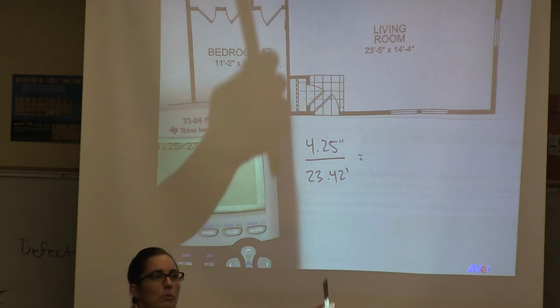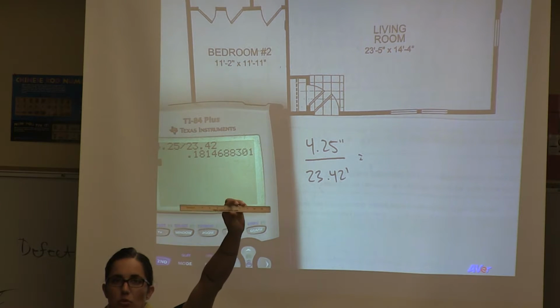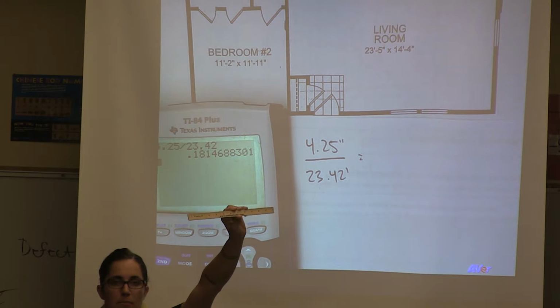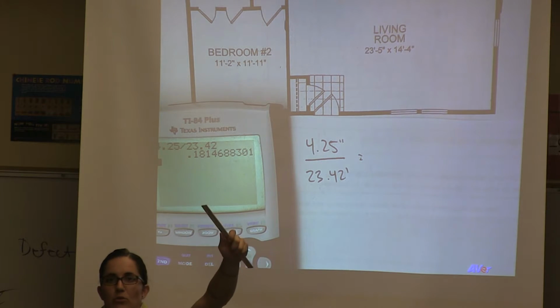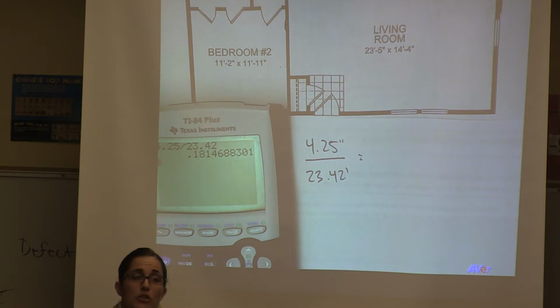Now, can someone show me where 0.18 inches is on this ruler? I have no clue. This is not how we learned rulers. Notice Mr. Rishu didn't get up here and say, this is 0.25, this is 0.5 of an inch. He gave us fractions. What's the smallest fraction we work with on the ruler? 16ths.